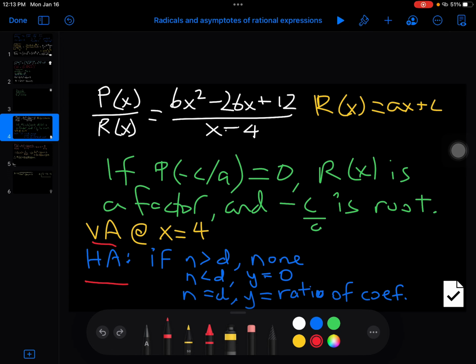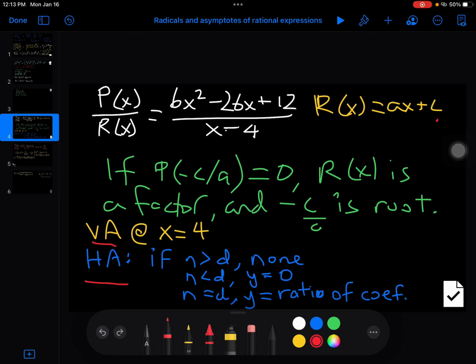But let's look a little further. If p of negative c over a, that's on this here, so negative c over a is going to be 4, divided by a is 1, so 4 divided by 1 is 4, is equal to 0, then r of x, that's x minus 4 here, is a factor, and negative c over a is a root.